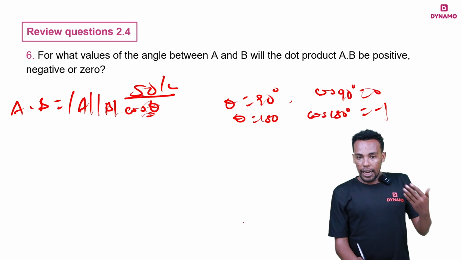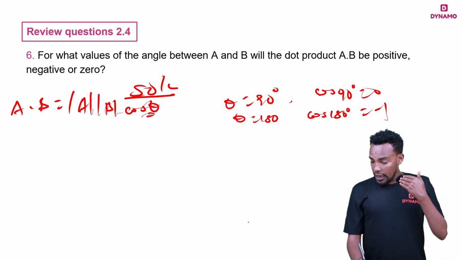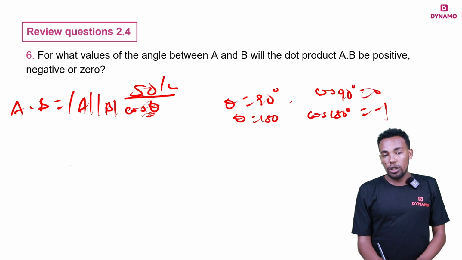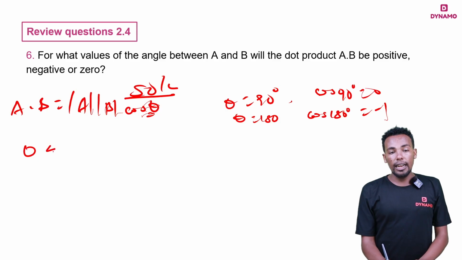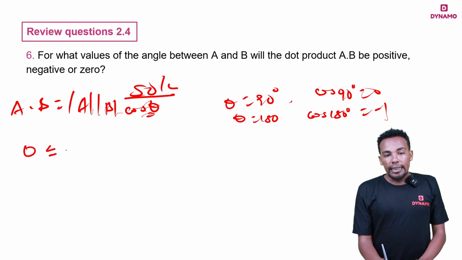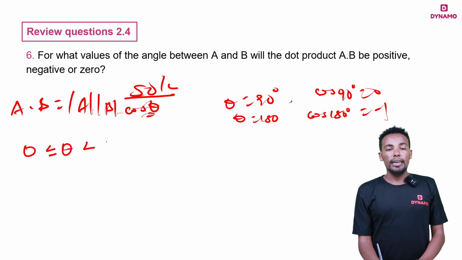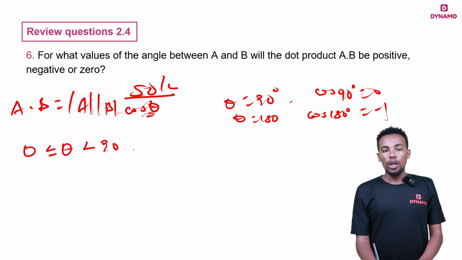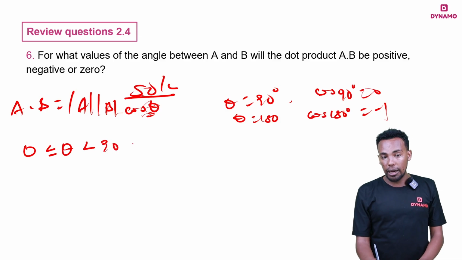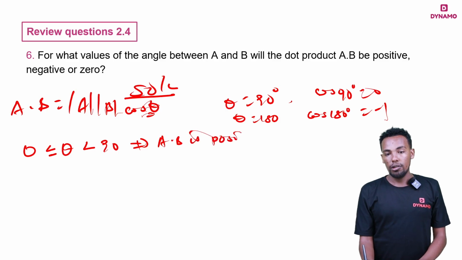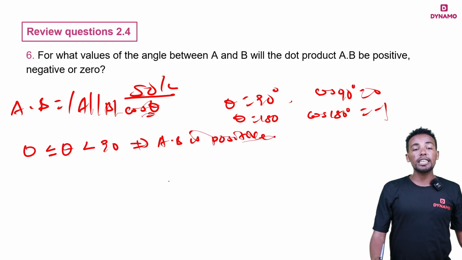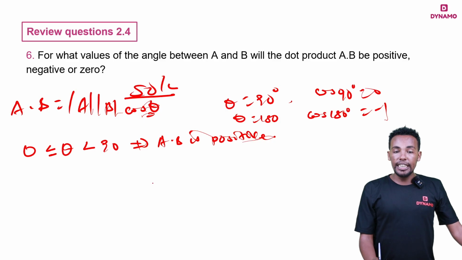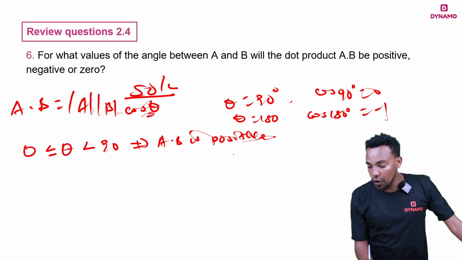So, in general, A dot B is positive when 0 is less than or equal to theta and theta is less than 90 degrees. When theta is in this range, A dot B is positive.